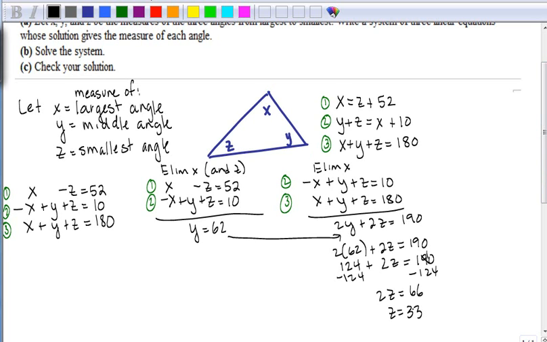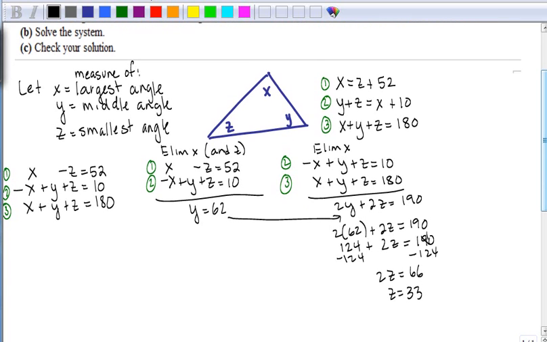Finally, we are going to find x. So I can use any equation that has an x in it, and they all three do. So I'm just going to go for the last. That looks nice and easy. So let's do it over here. x plus y plus z equals 180 is the third equation.